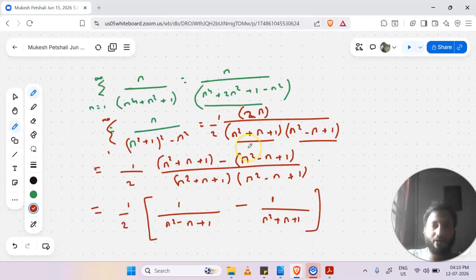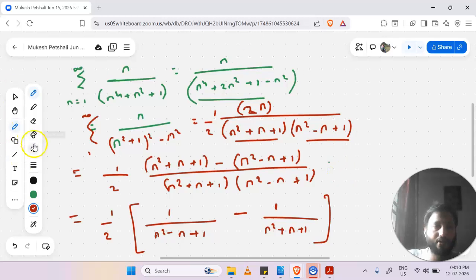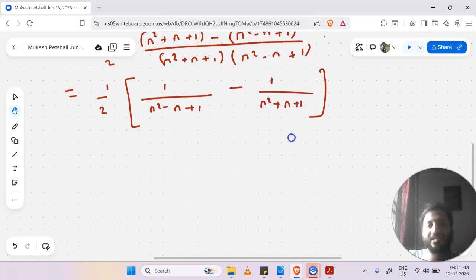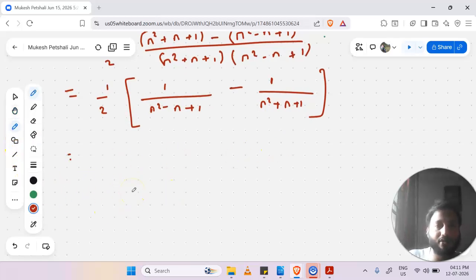This minus minus cancels. Got it? Now once we have it, it should be easy for you to recognize that it's a telescoping, cyclic series. What does it mean? It means all the middle terms will cancel out, only the first and the last term will remain. And the series was from 1 to infinity, right?